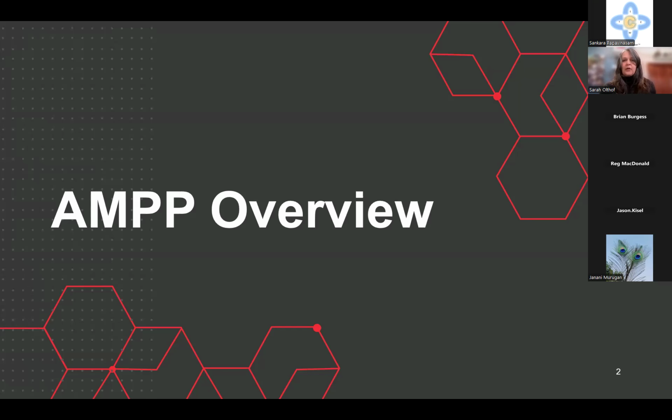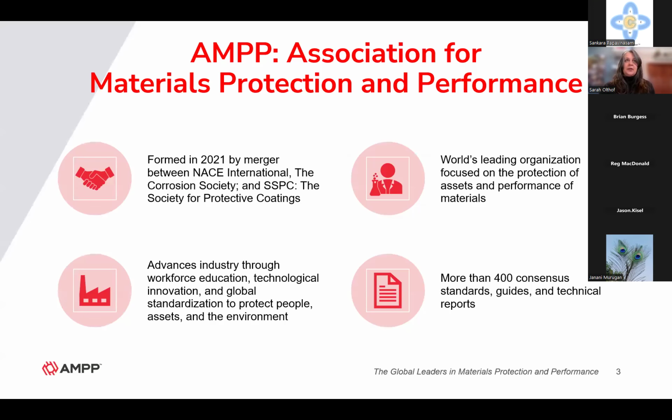So just a quick overview of AMP. I'm sure that many of you are already very familiar with AMP. AMP, the Association for Materials Performance and Protection, was formed in 2021 by a merger of NACE International and the Society for Protective Coatings. AMP is the world's largest leading organization focused on protection of assets and performance of materials.